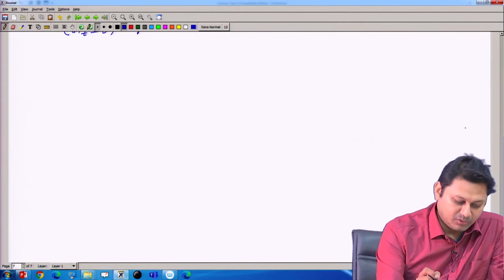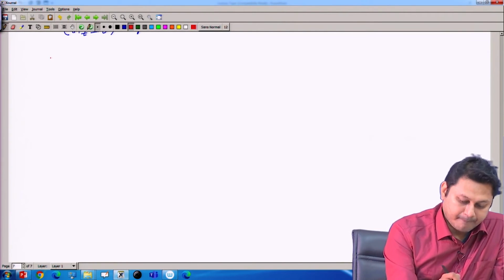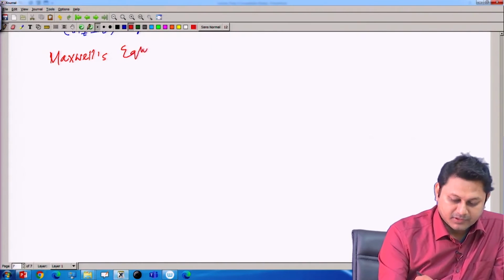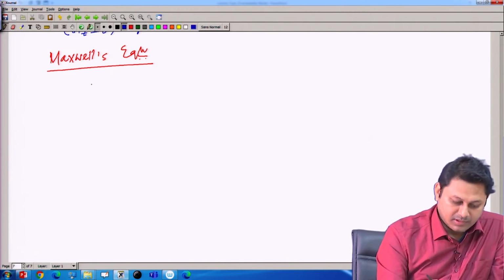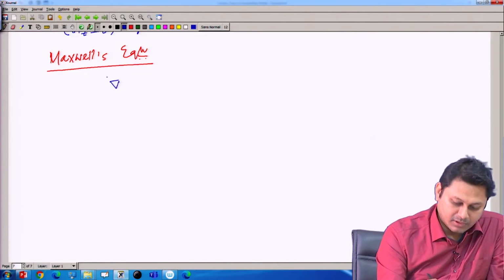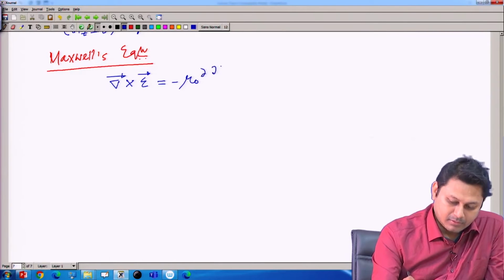So, let us start with Maxwell's equations. Maxwell's equations tell me that, the first equation, I am going to use these two equations: curl of curly E is equal to minus mu 0 del curly H del t.